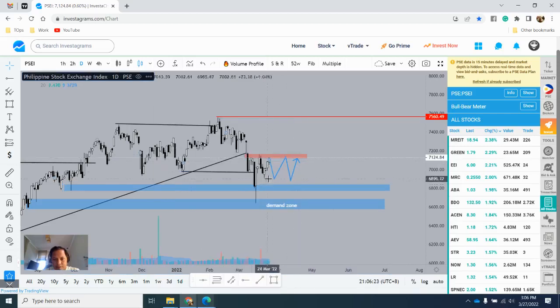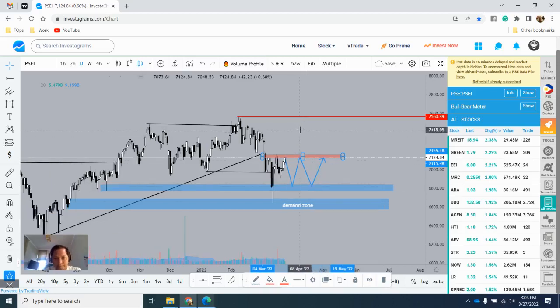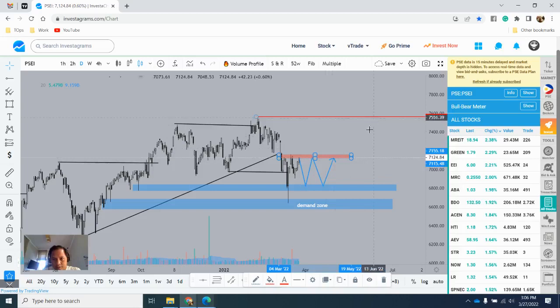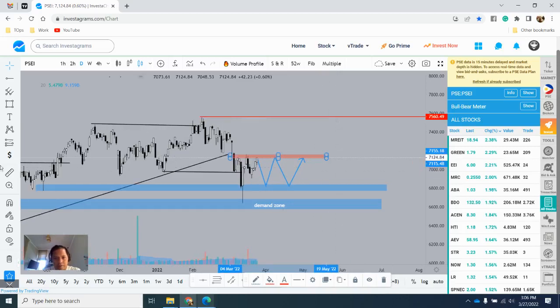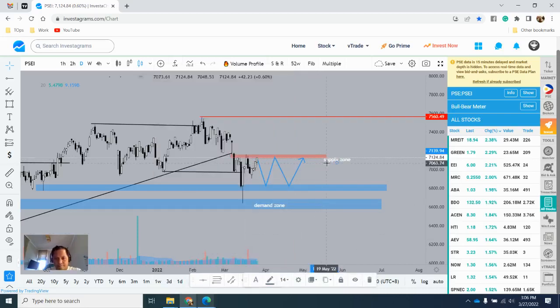So price can retest that one like this, and price can move sideways and make a range. So this will be our target whenever the price will break above and close above this supply zone. And the target will be here.